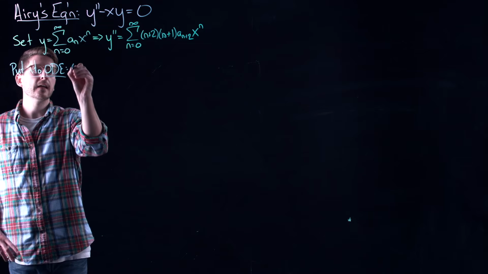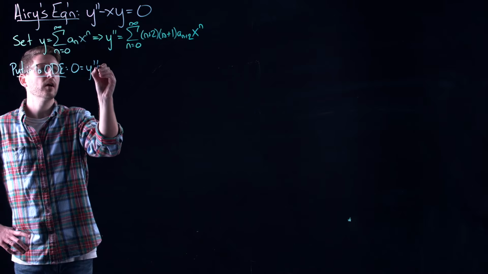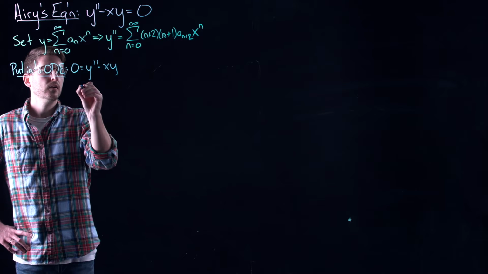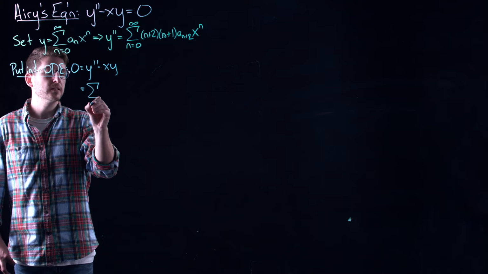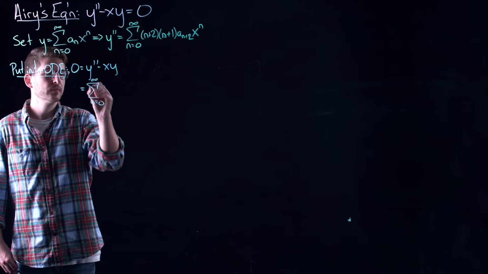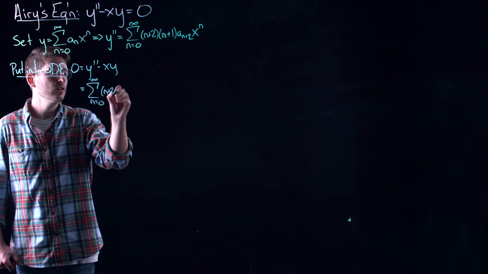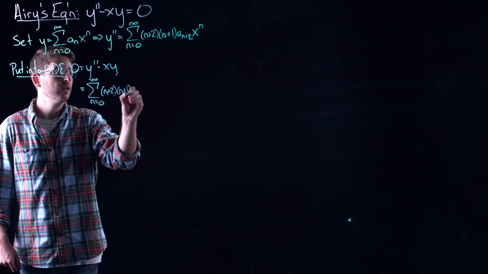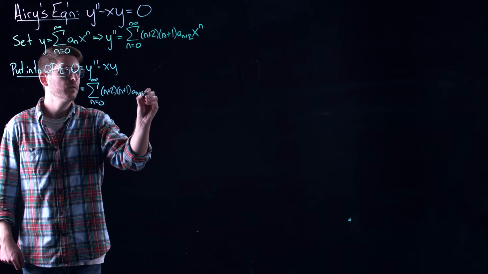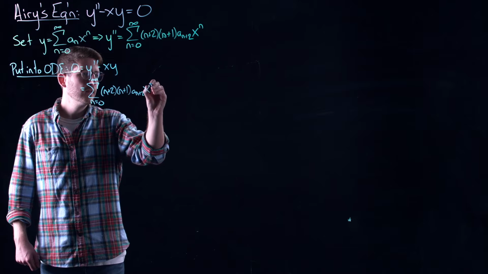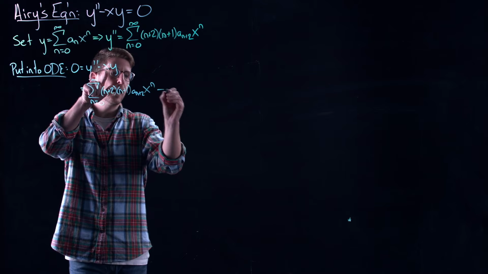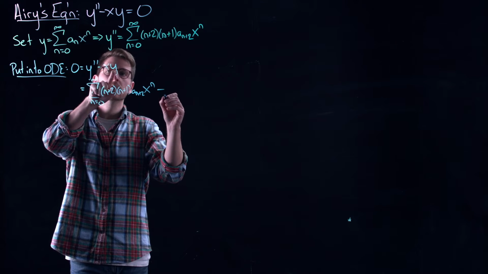In this case, I get 0 is equal to y double prime minus xy, which gives me, so here's my second derivative sum, (n+2)(n+1) a_(n+2) x^n. And then I get minus x times another sum.